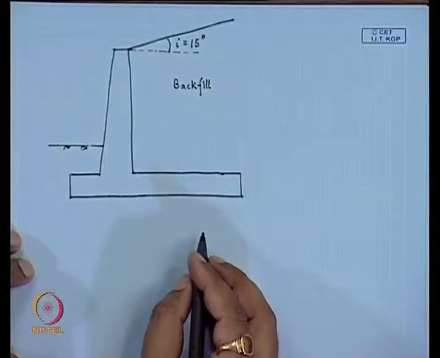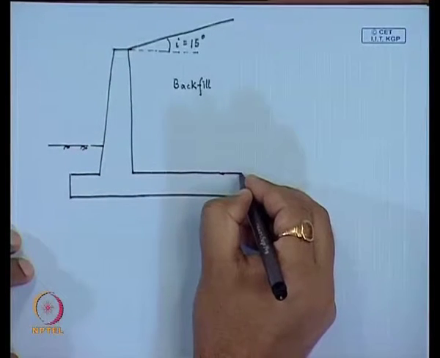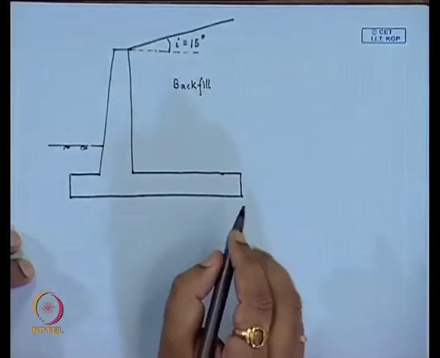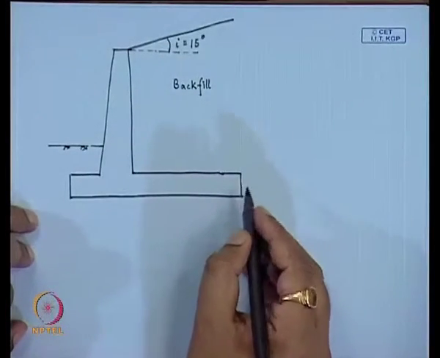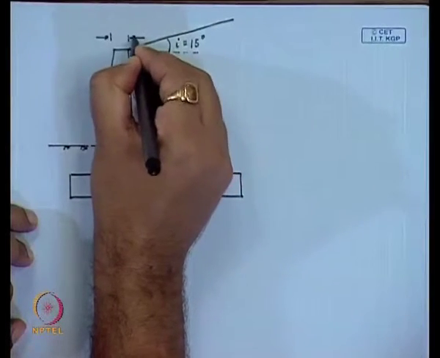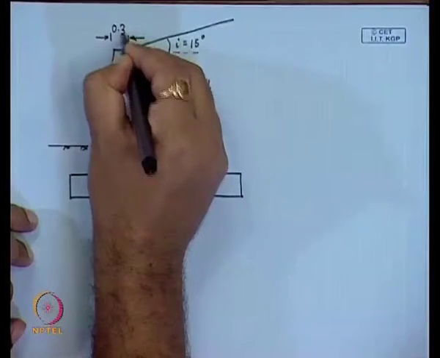For the first trial, based on the guidelines that I have given in the last class, I have chosen the dimensions of this retaining wall. For the top portion I have taken 0.3 meter.